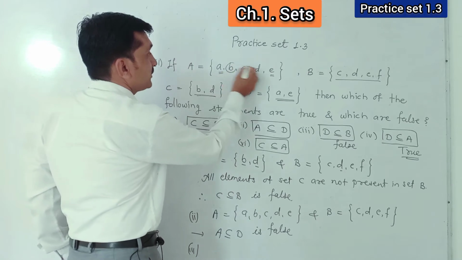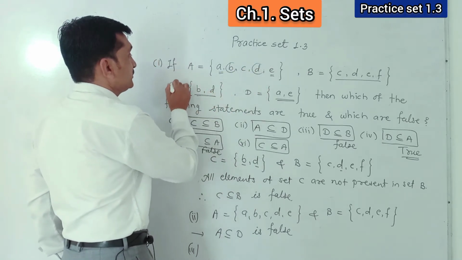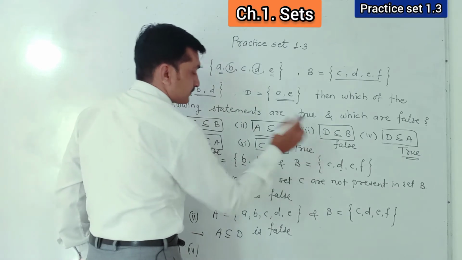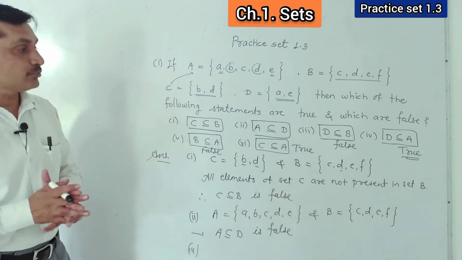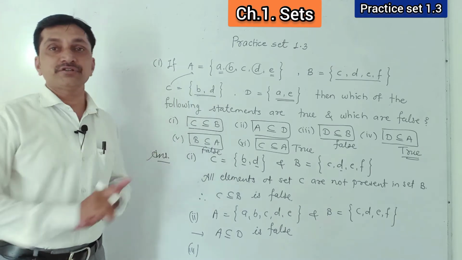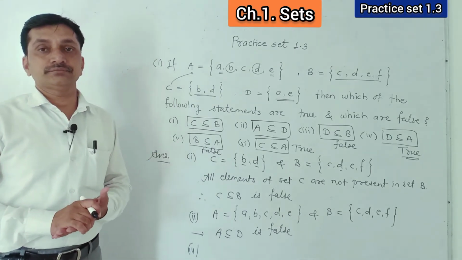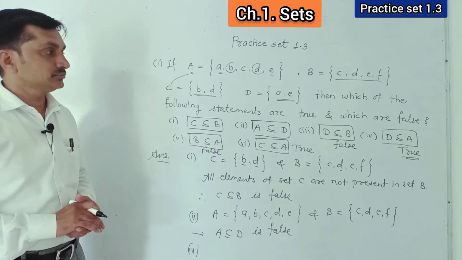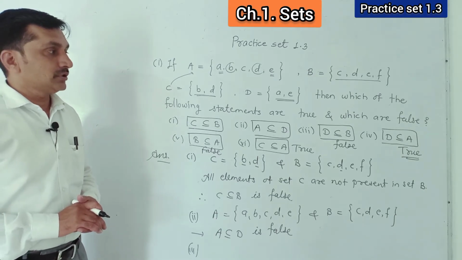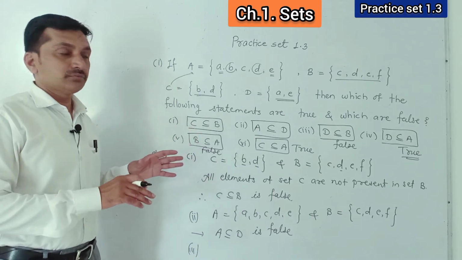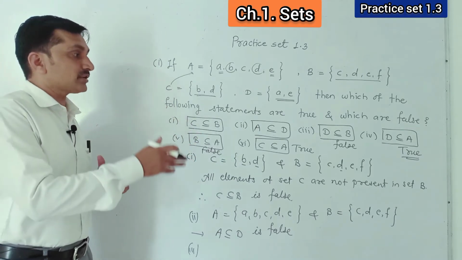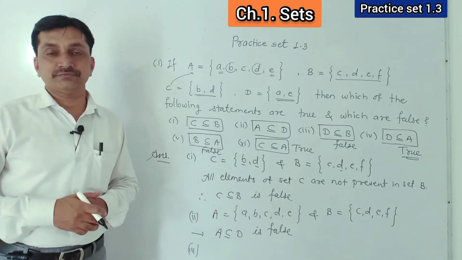B is here and D is here. Means all elements of C are present in A. Therefore, it is true. In this way, by observing both the related sets, you can write whether it is true or false.